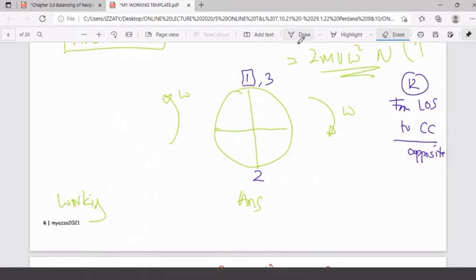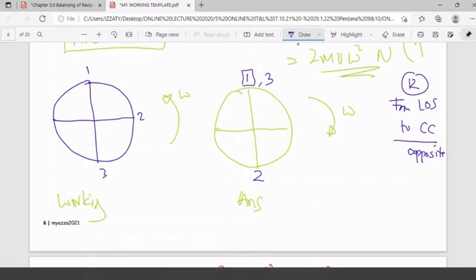Focus on number 4 now. 1, 2, 3. Focus on number 4 only. This is the common crank. So number 4 moves this one. Isn't it 90 degrees? So what will the 4 move for the reverse? Also 90 degrees, but in the opposite direction. So negative 90. So you have 4 here.